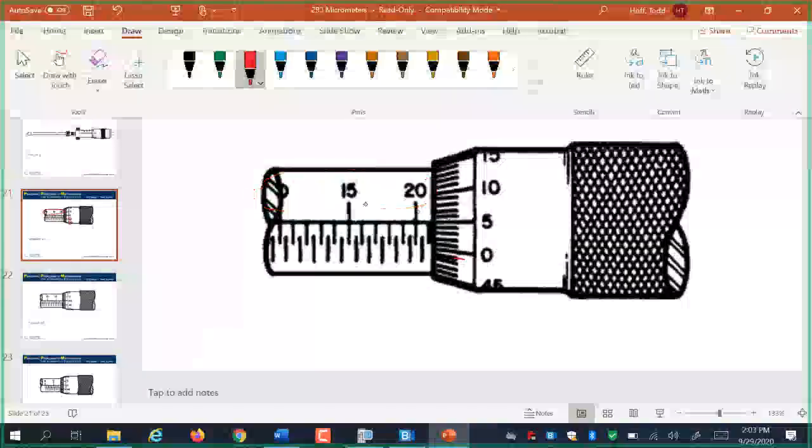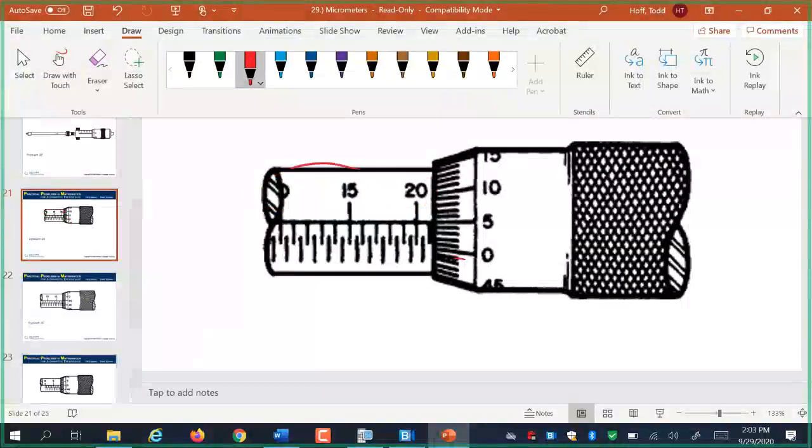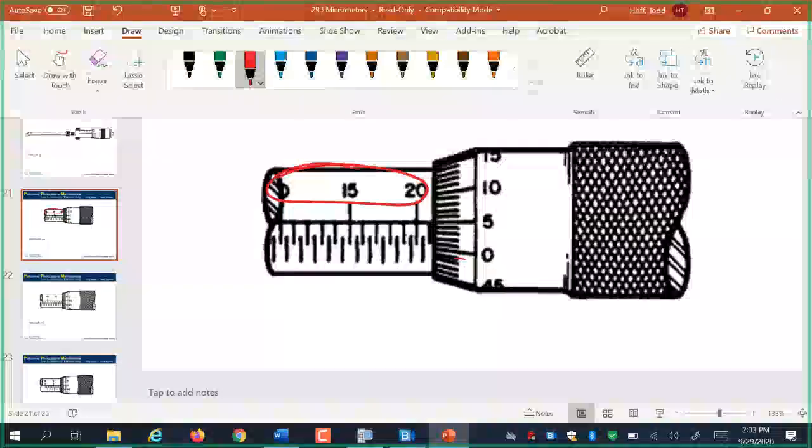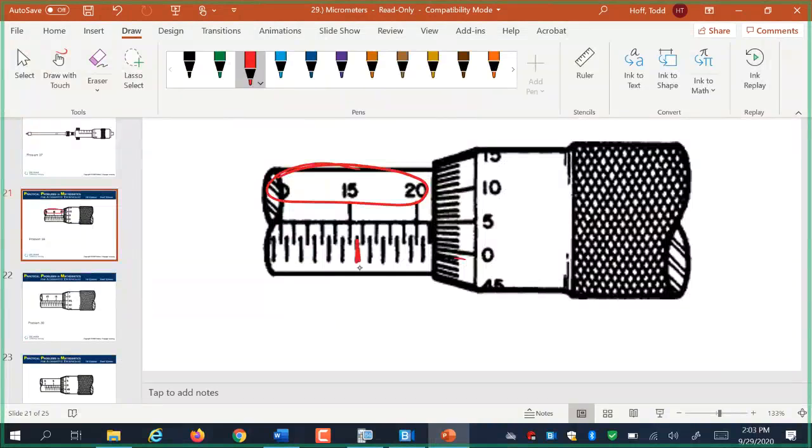So as we read this, the barrel here is the whole millimeters. In fact, these lines here are actually half lines. This is 15, 15 and a half, 16, 16 and a half, 17, 17 and a half, 18, 18 and a half, 19, 19 and a half, 20. So this is 20 and a half. Are we past the 21 line there?